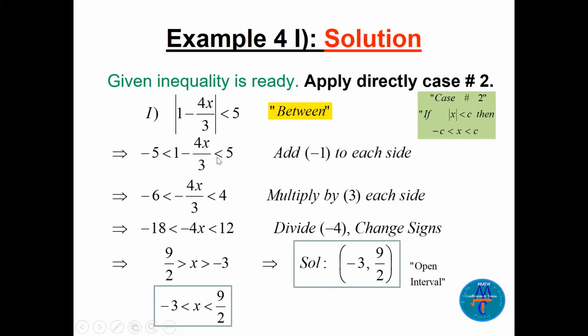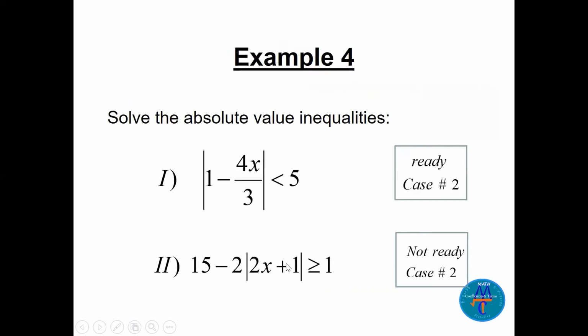Remember we call this compound. So we add minus 1 to each side. So this is 4, this is minus 6, multiply by 3. Then when you divide by minus 4, change the sign. So x will be greater than minus 3, less than 9 over 2. So the final solution for this is minus 3 to 9 over 2, open because we don't have an equal. So open interval. Now, you try the second one, please.